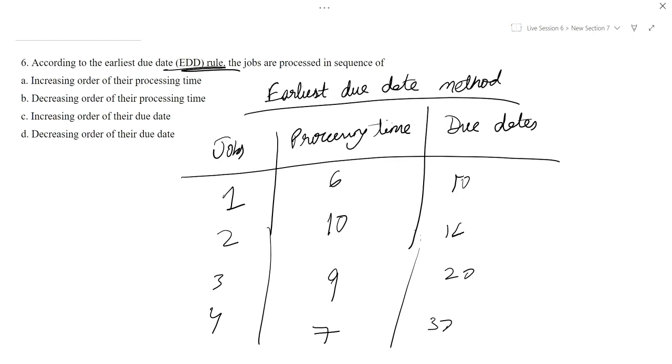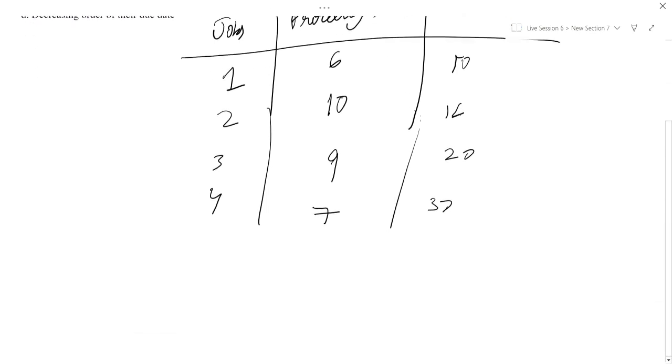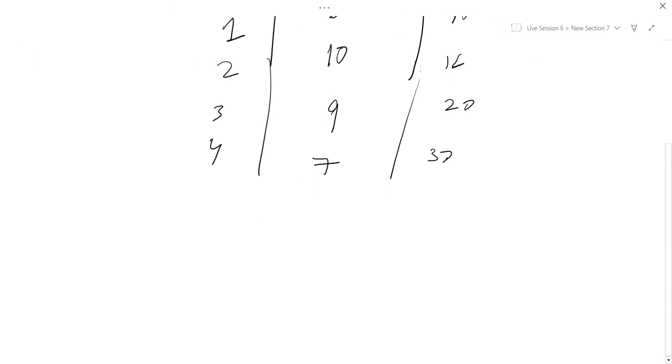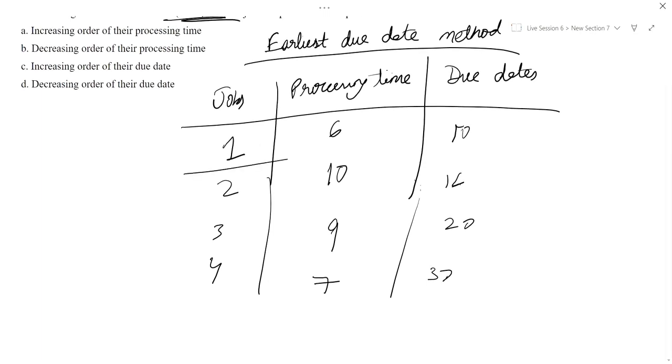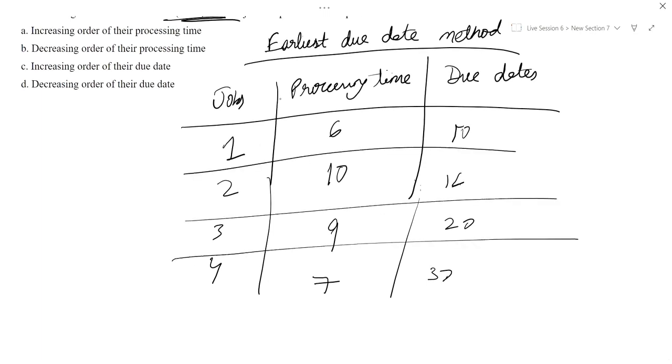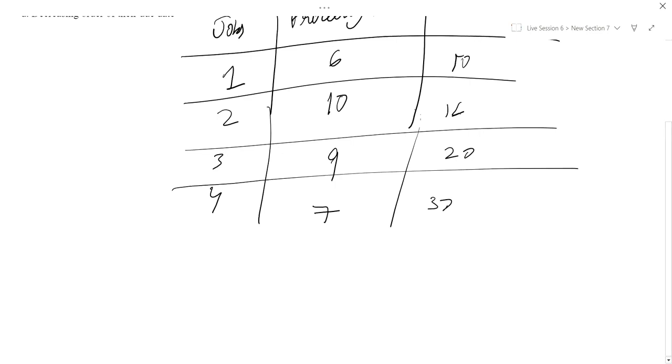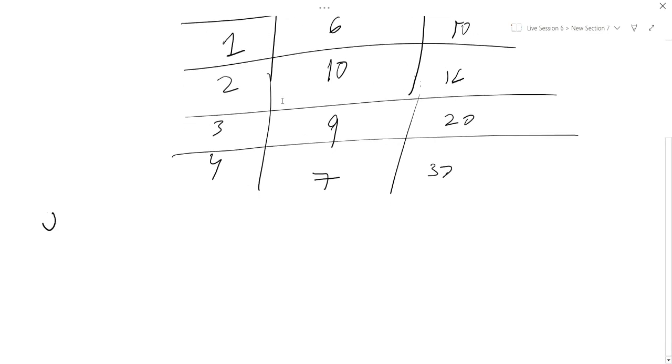I'm explaining through an example so that it will be easy. So with this, now first you will make a column for jobs. This is the processing time. This is the due date time. Now the next will be your job flow time.